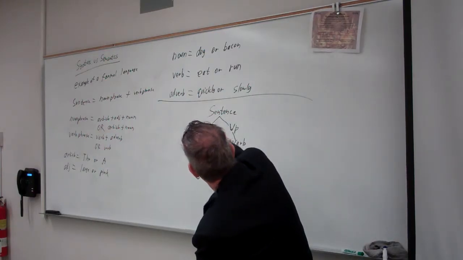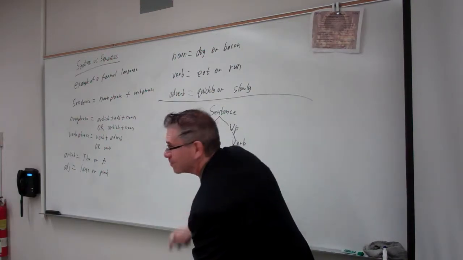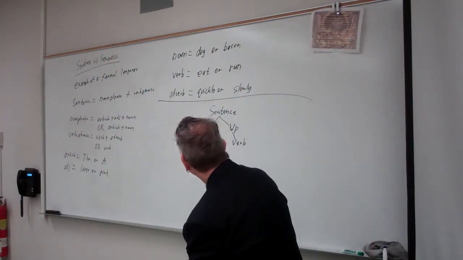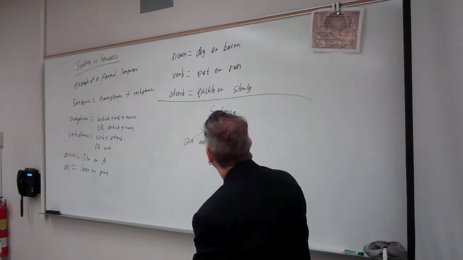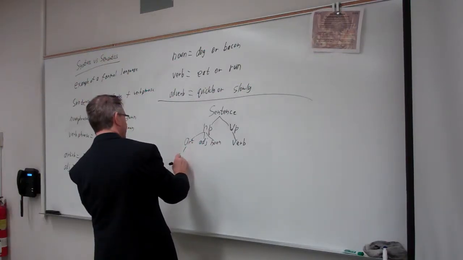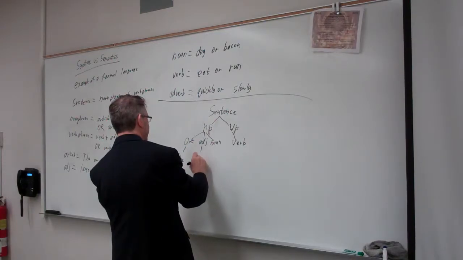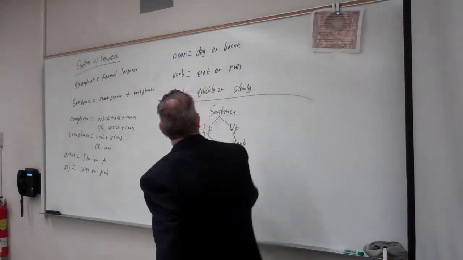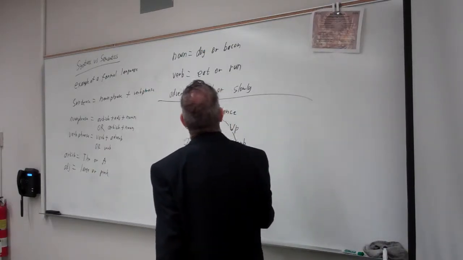So here's one version of a sentence. It could be an article followed by an adjective, followed by a noun, followed by a verb. And I can construct a sentence by simply continuing this. So an article could be the. An adjective might be pink. A noun might be bacon. That's disgusting.